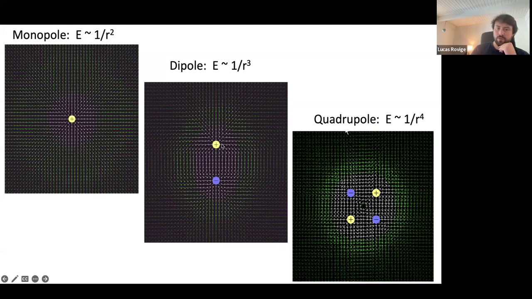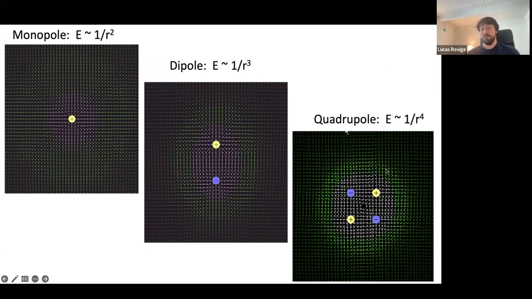Now, when we have a dipole, we see that this field drops much quicker. Here you see that the light green, for instance, is dropping relatively slowly. But for the dipole case, we drop pretty quickly into the dark green region, which is lower field.